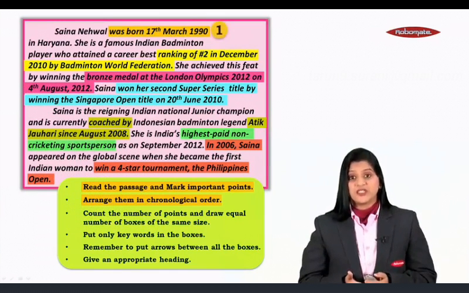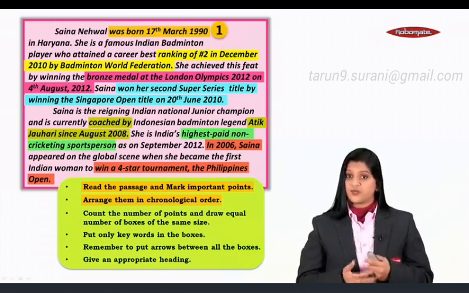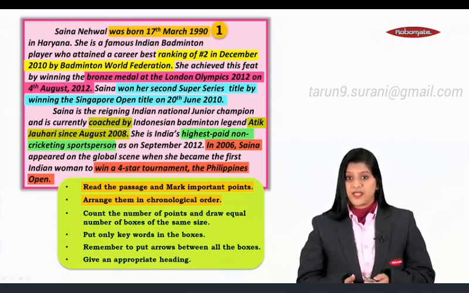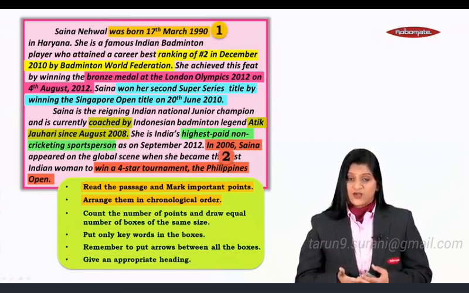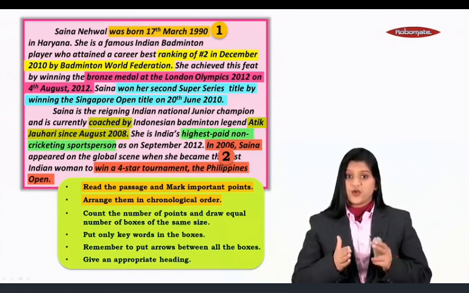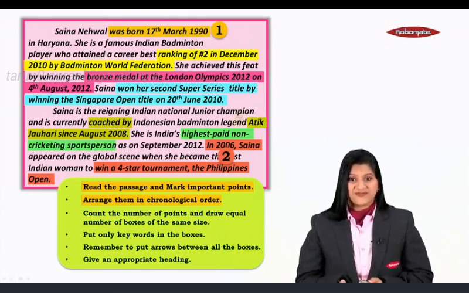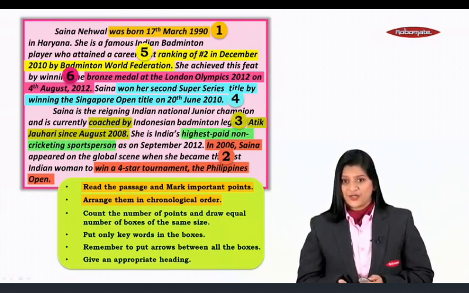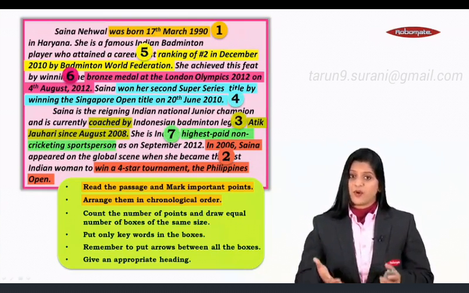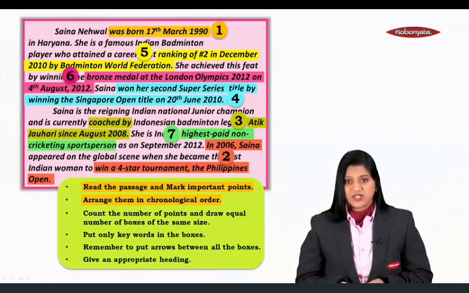For example, here, if you observe, the first point is in the first line of the passage, but the second point comes at the end. So in your flow chart, this point will come at the second position. Similarly, put all the points in chronological order. They might not be in proper order, but you will have to arrange them now.